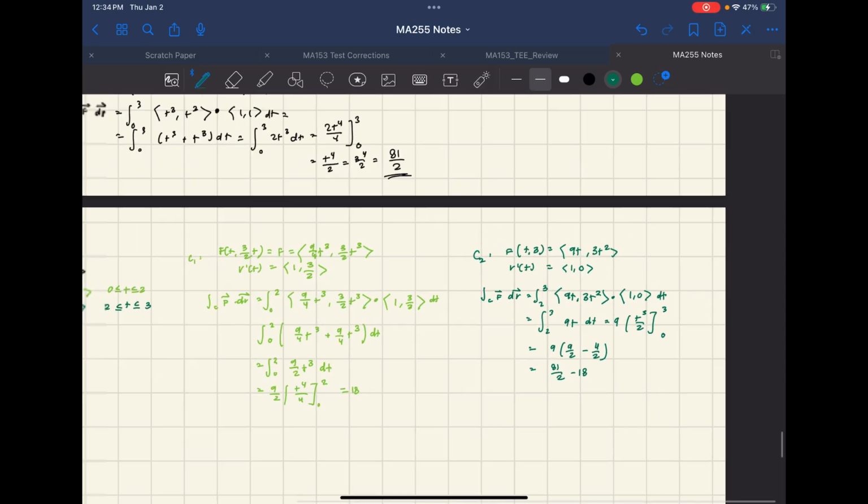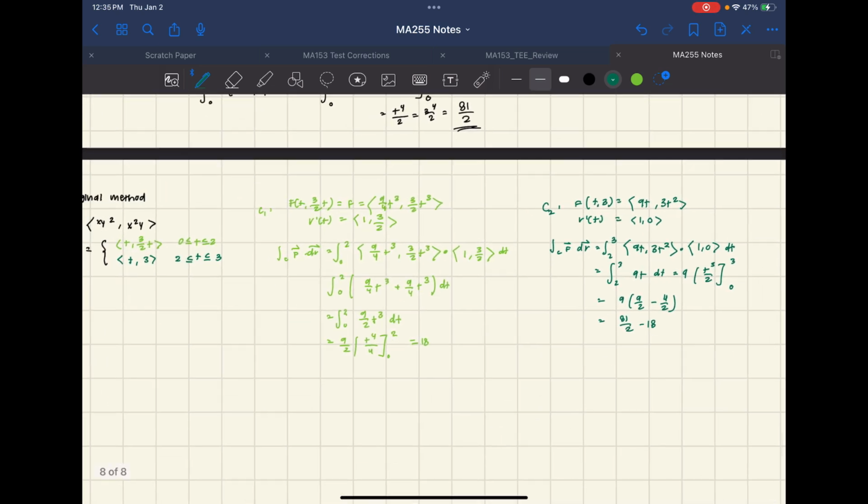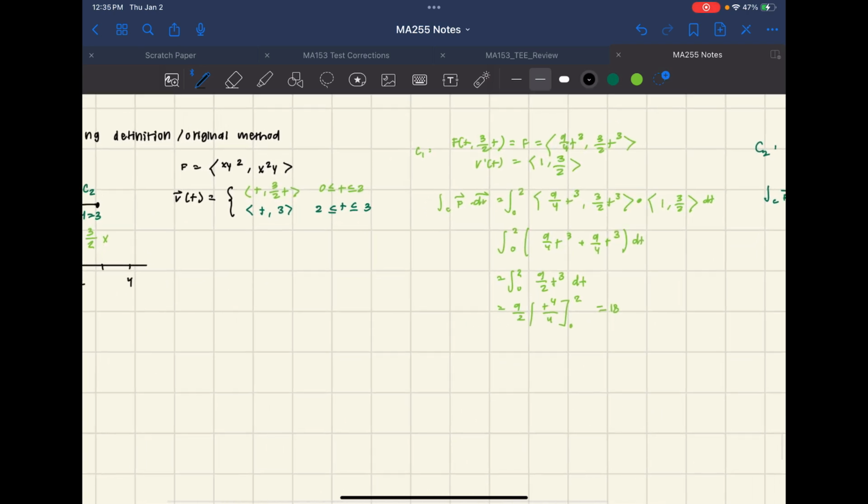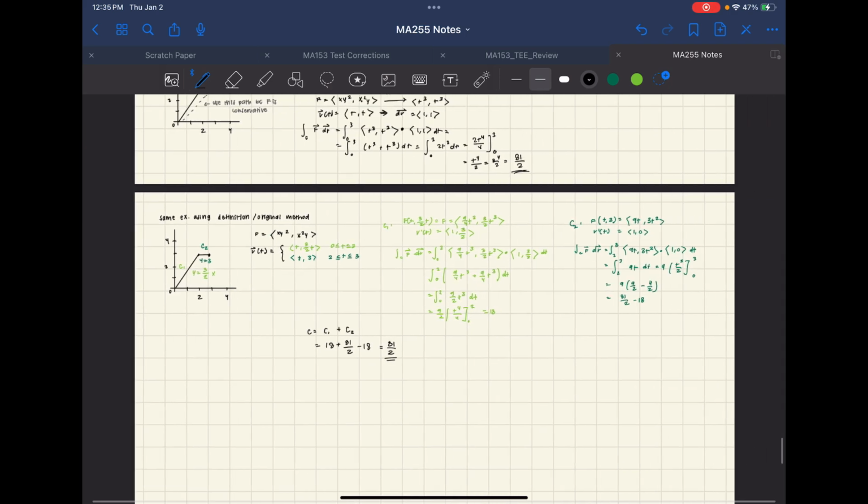Now we need to add the 2 components. So C is equal to C1 plus C2. C1 we got 18. I'm going to add that with 81/2 minus 18. And that gives you 81/2. So that just shows that no matter what method you use, depending on the problem, pick the best one.